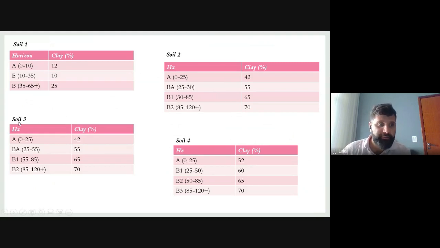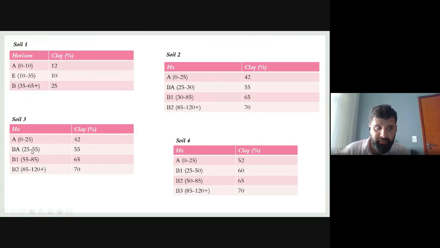Let's see the soil 3. In this case, we have the same clay content, and I just changed the thickness of the BA horizon. This transitional horizon now has 30 centimeters of thickness. It starts at 25 and ends at 55.